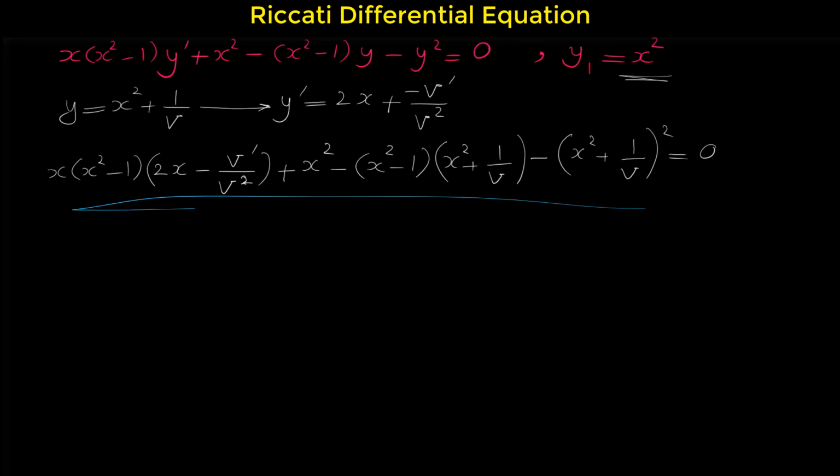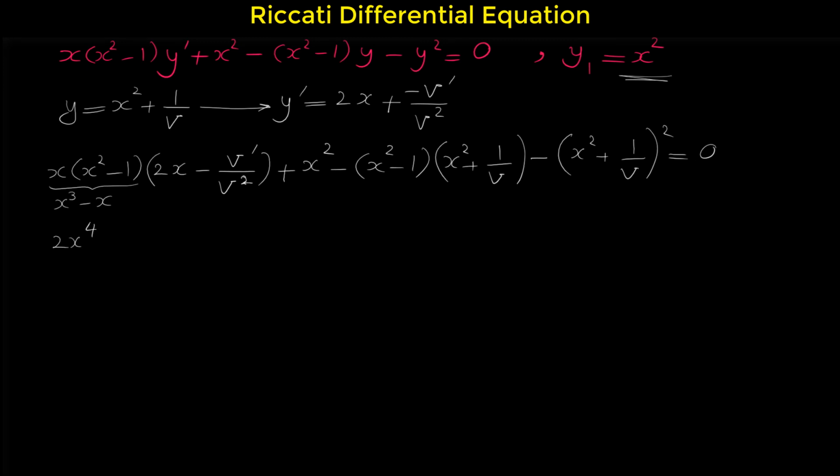Now we have to simplify this expression. First note that if we multiply x in this bracket, we have x to the 3 minus x, which if we multiply by this bracket, we have x to the 3 times 2x, 2x to the 4.